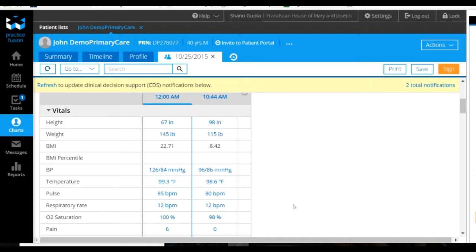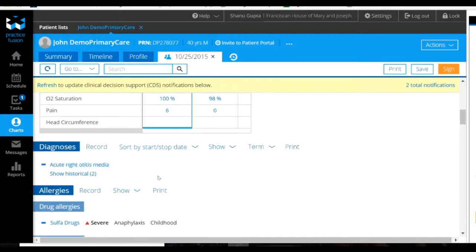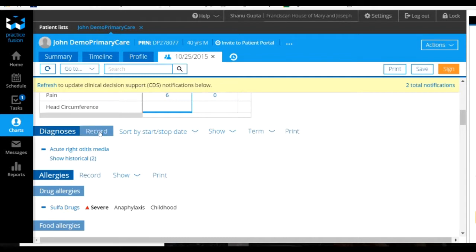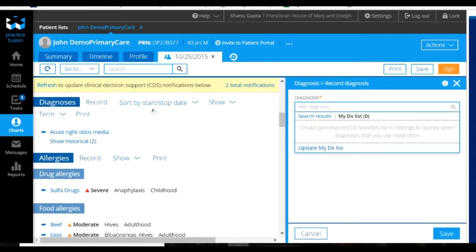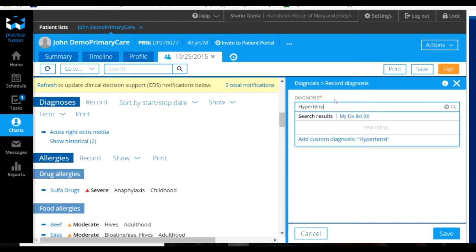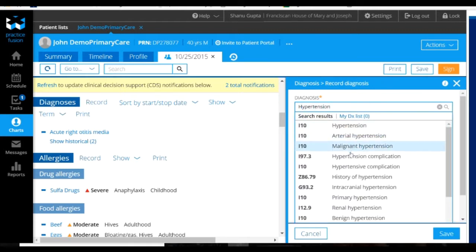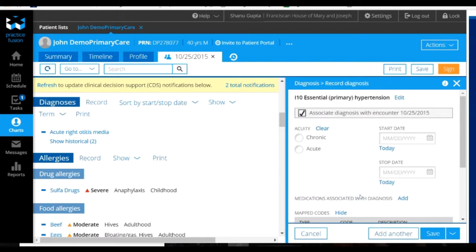Flow sheets, as I mentioned, have already been filled out. The diagnoses have been recorded. So if you want to add another diagnosis, you can click on record, add a diagnosis of hypertension. I'm going to say primary hypertension, and I'm going to say it's acute.